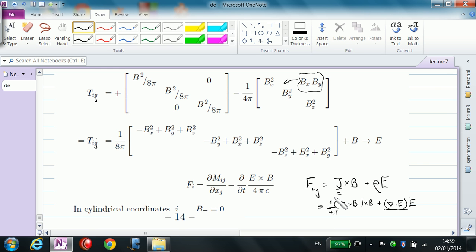No C here. And rho is the divergence of E divided by 4 pi.